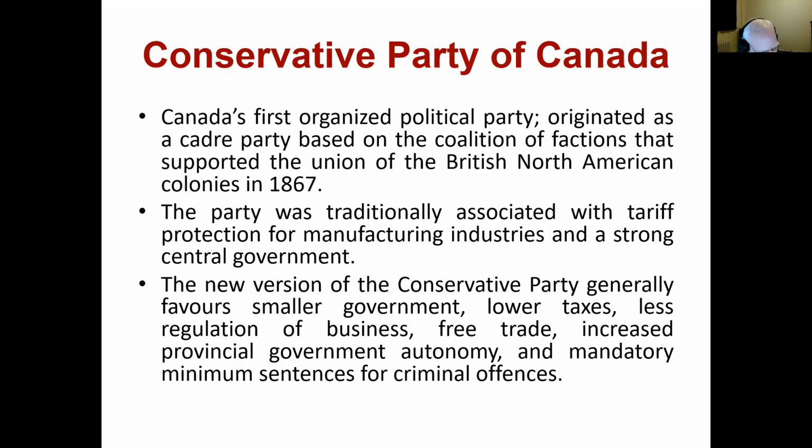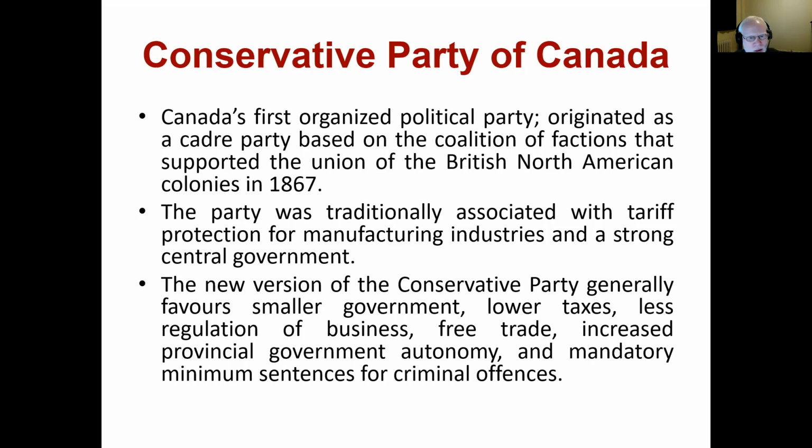The newer version of the Conservative Party generally favors, like I said, smaller government, lower taxes, less regulation of business, free trade, increased provincial government autonomy, and mandatory minimum sentences for criminal offenses. So certainly economically conservative and often socially conservative as well.